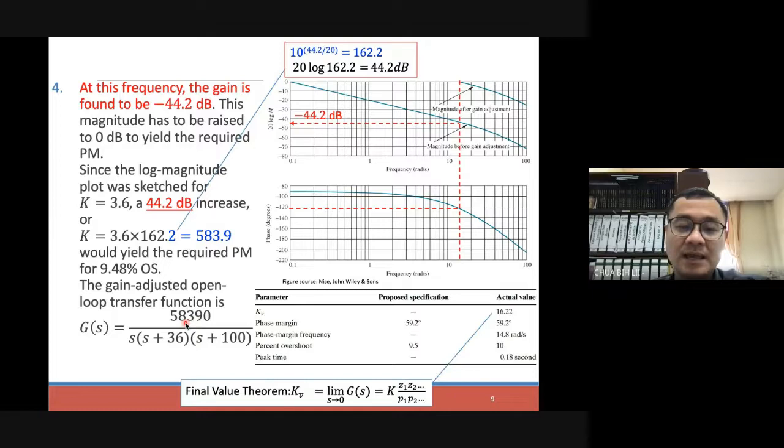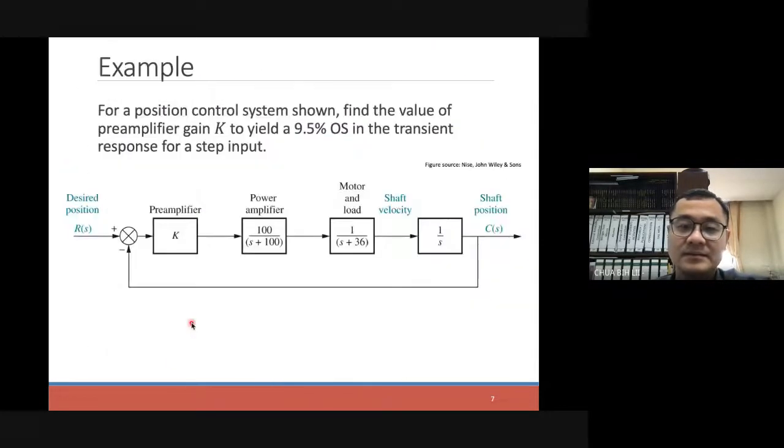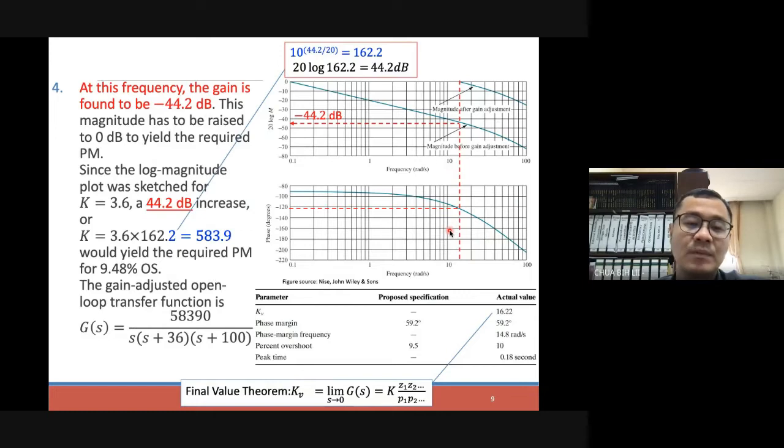Again, just be aware of the terms being used here. Open loop transfer function over here, even though this is closed loop, refers to this multiplication, multiplied by the feedback, which is 1. We would term that the open loop transfer function.